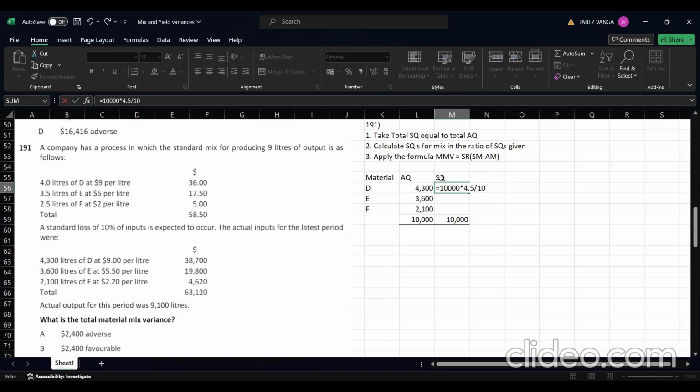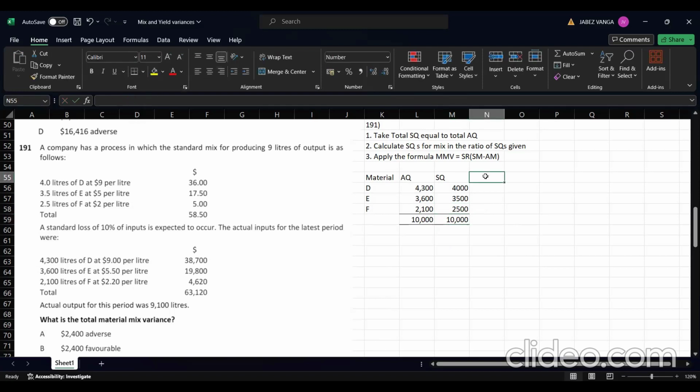The total parts, 4, 3.5 and 2.5, is 10. I'm really sorry, this is just 4, not 4.5. So this is 4,000, then 3.5 is equal to 10,000 into 3.5 divided by 10, and then here is 10,000 into 2.5 divided by 10. Done.